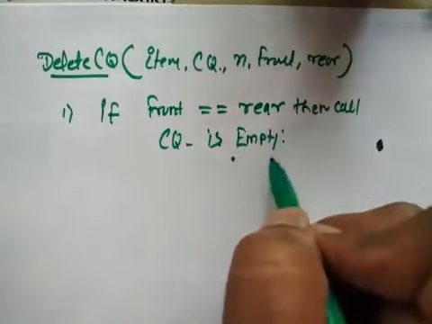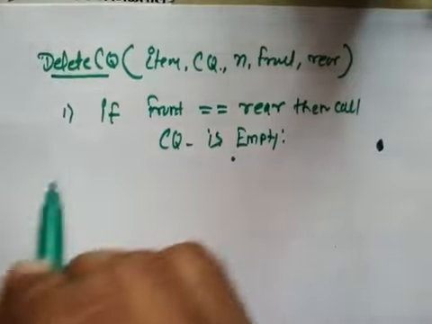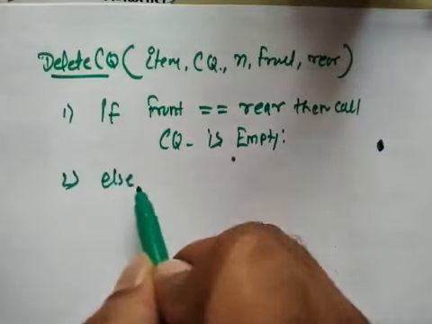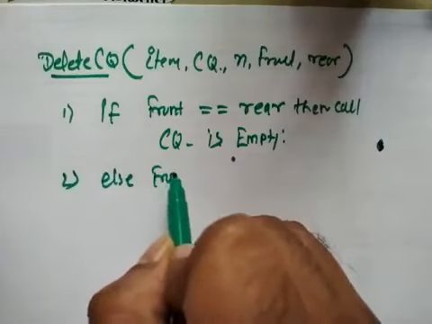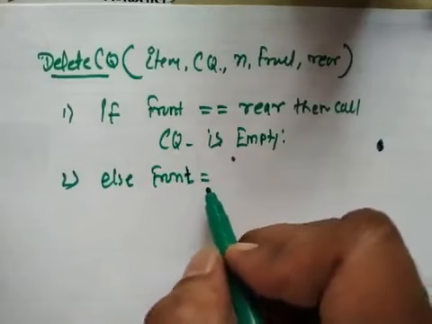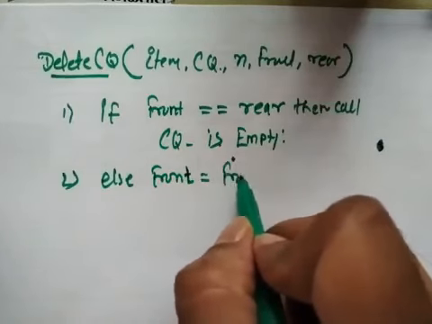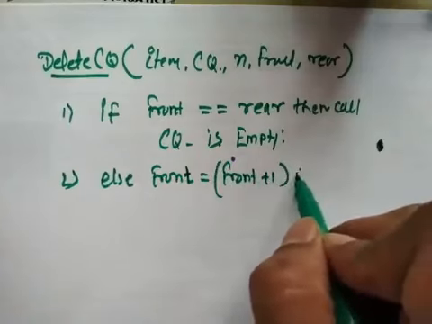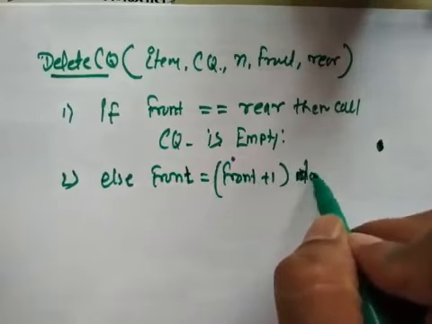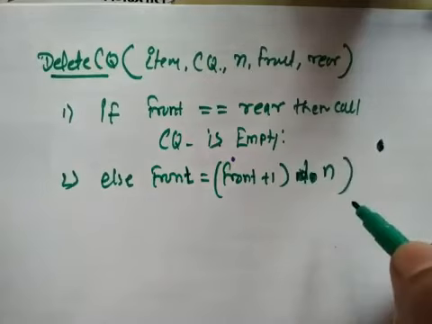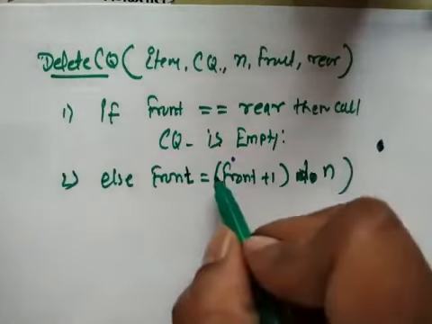We cannot remove an element from it. Else, we need to find the position of front. So front is equal to front plus 1 mod size, that is size n. Front is equal to (front plus 1) mod n.